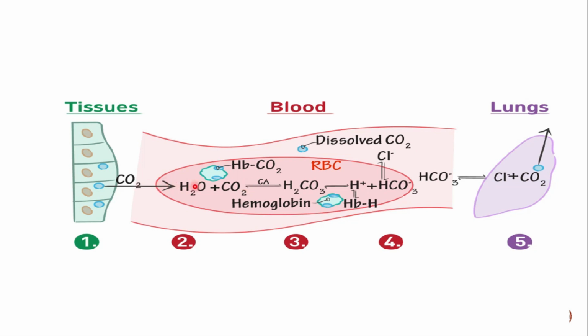That is, it enters the blood with the help of water. This carbon dioxide is converted to H2CO3, the carbonic acid, and this process occurs in the red blood cell, and we have already seen that almost 60% of the carbon dioxide, the majority of it, is transported through this mechanism. Here H2CO3 is again converted to HCO3 bicarbonate ions, where these bicarbonate ions transport carbon dioxide towards the lungs, and this carbon dioxide is expired out.